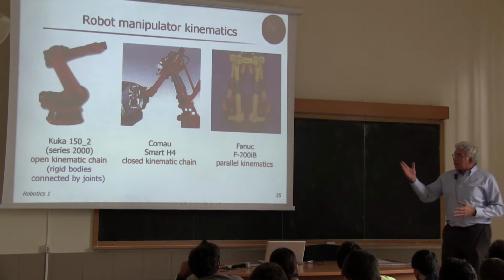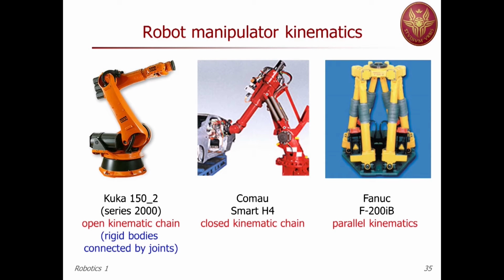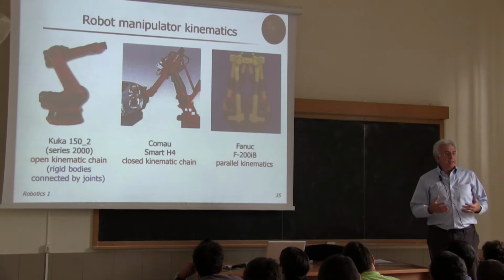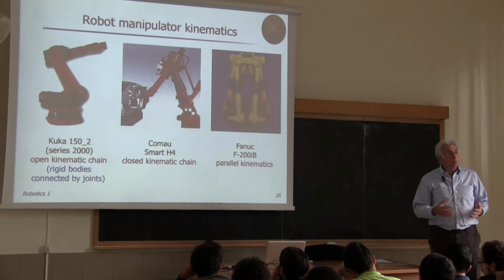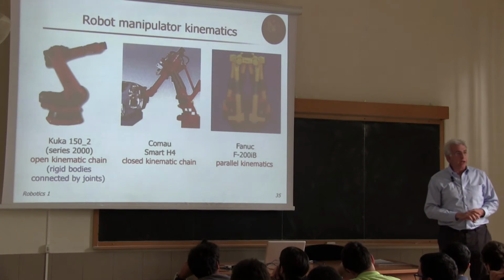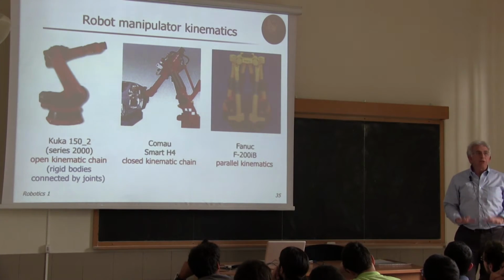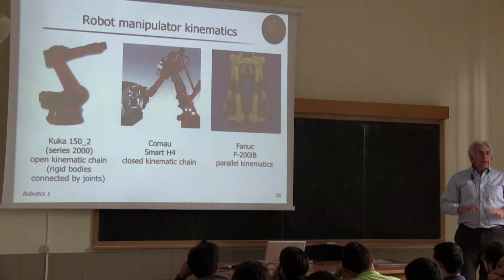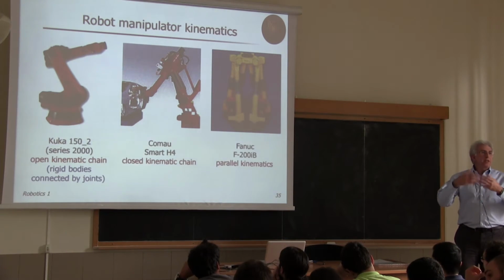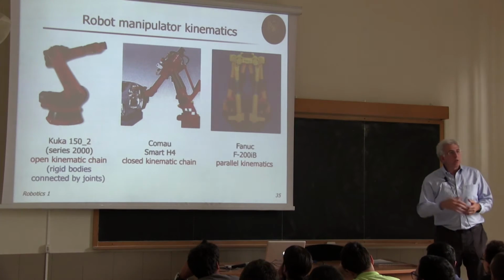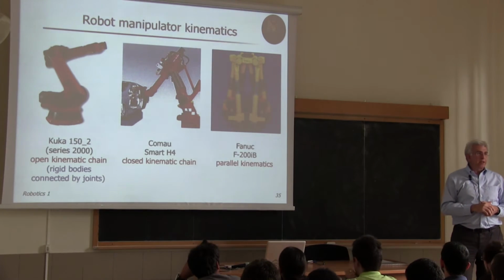The characteristic of this class of manipulator is that there is a serial sequence of joints and links. In this sense, we denote them as having an open kinematic chain structure. So we can start from the base, and then we have the first joint, the first link, the second joint, the second link, and so on until we reach the end effector.